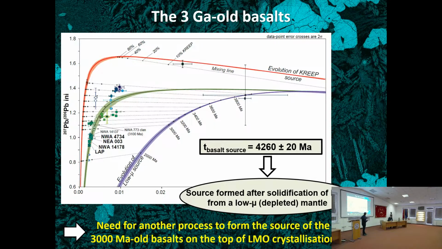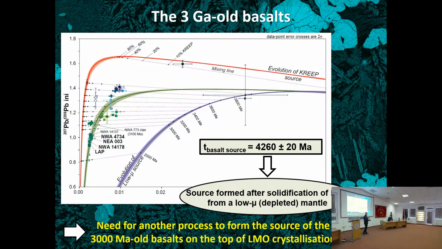And it starts from the curve of the depleted mantle. The source of that 3 billion years old basalt was formed from a depleted mantle source at 4260 plus or minus 20 million years. That means after the crystallization of the LMO.